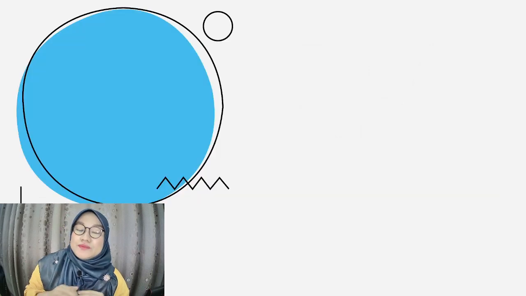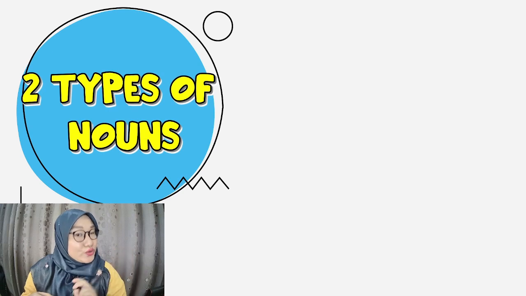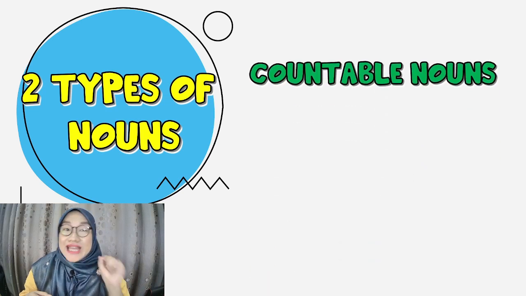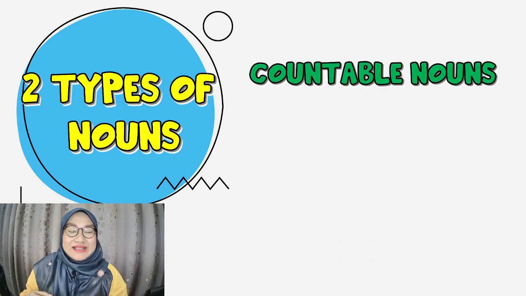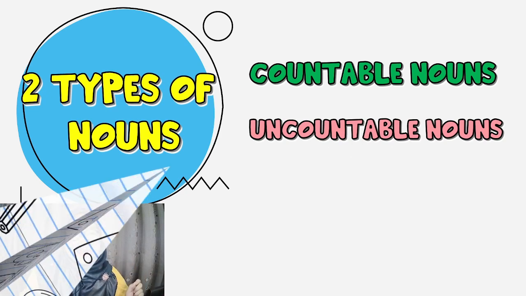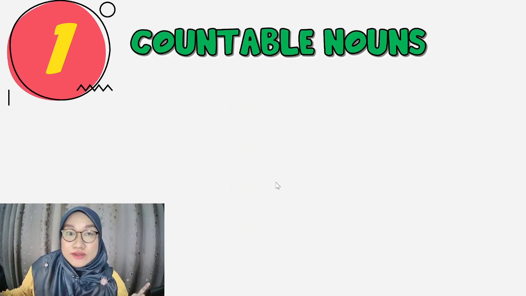Alright, moving on. Nouns in English can be divided into two types, which are, as I have said earlier, countable nouns, and the second one is uncountable nouns. Let's look at the first type, countable nouns.